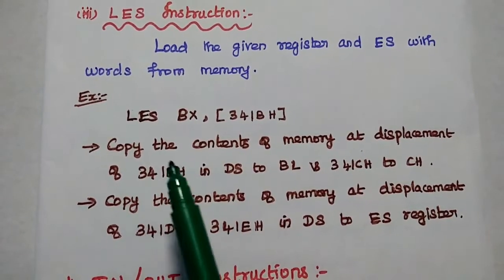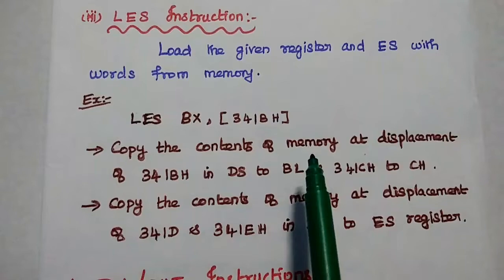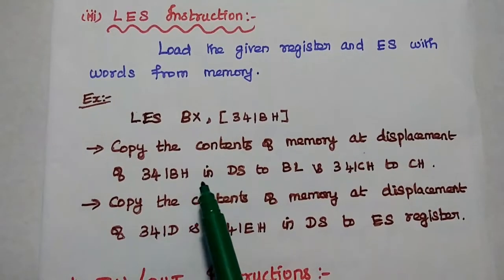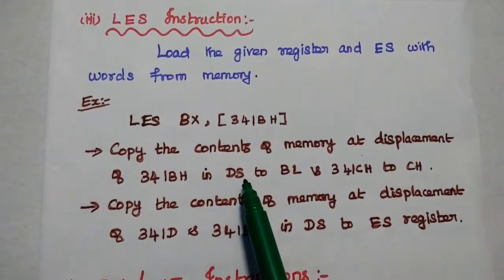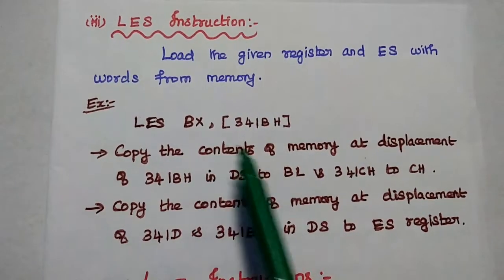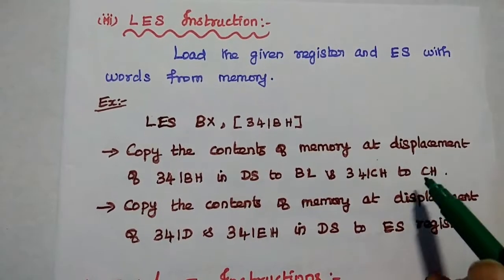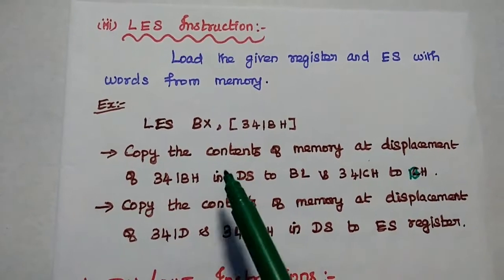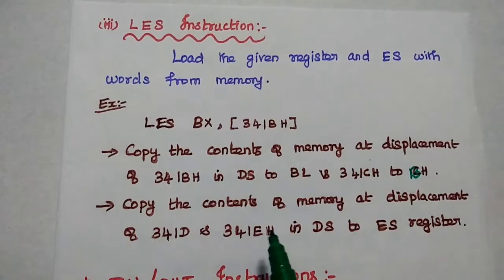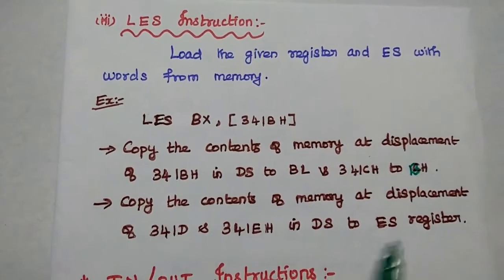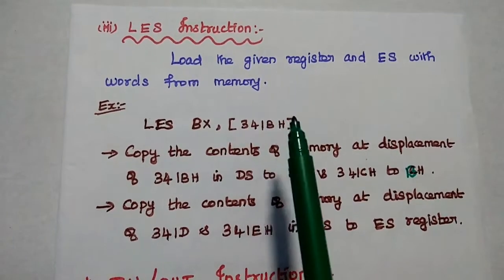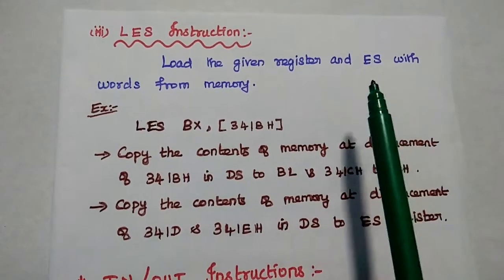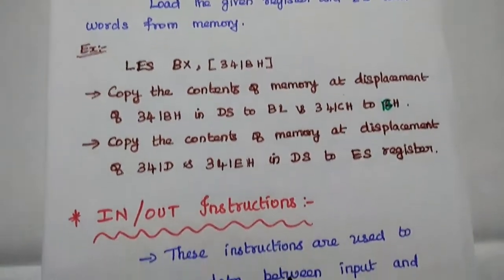First we copy the contents of the given memory at a displacement of 341BH in the data segment to the BL register, and the next location to BH. After that, copy the next two contents to the extra segment register. So first we move that value to the BX register, then we move the next value to the ES segment.